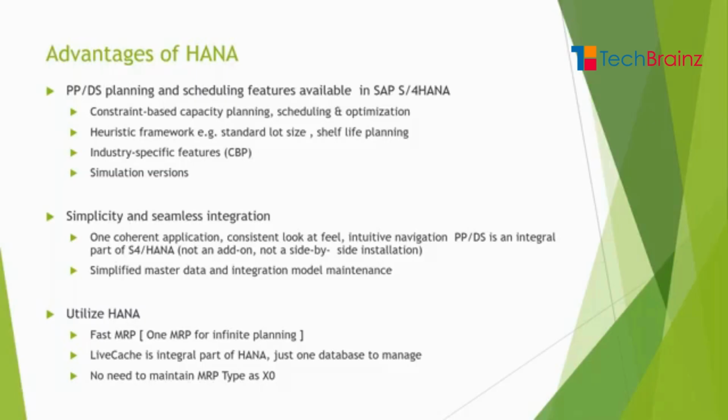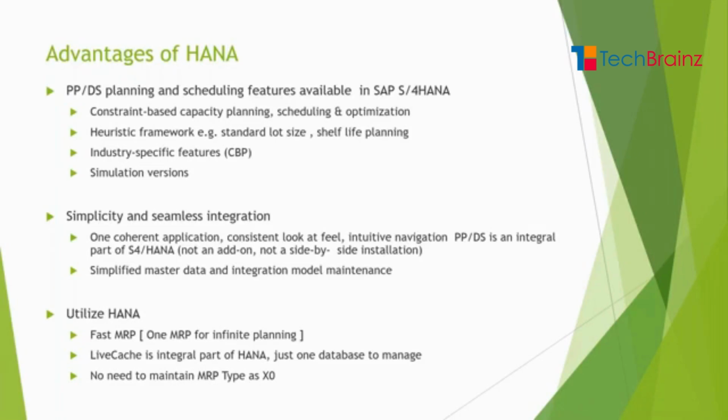Simplicity and seamless integration is an advantage of HANA. In APO, PPDS was also part of APO, but to integrate it with SAP ERP we had to use different integration tools, and there was an integration model. The data integration was very tedious to maintain because you have selection criteria every time.